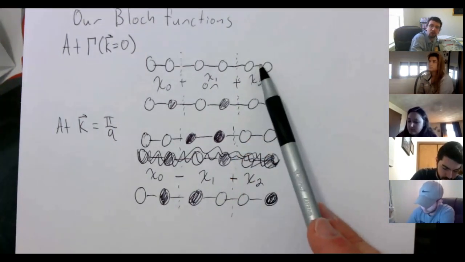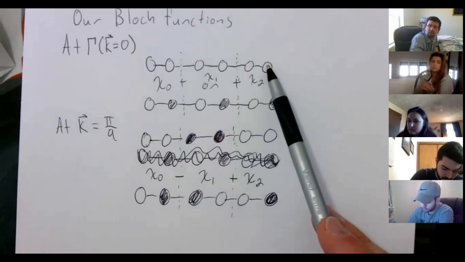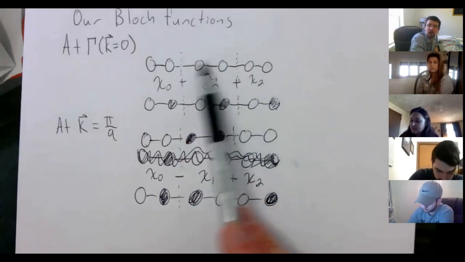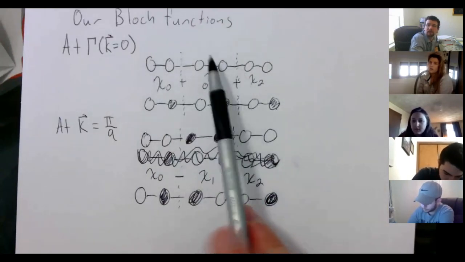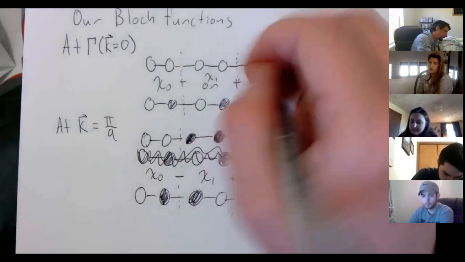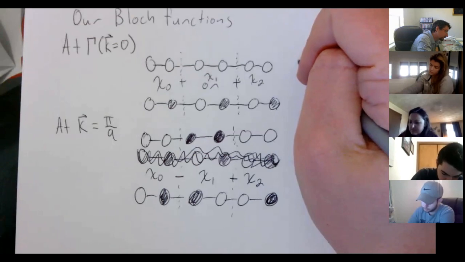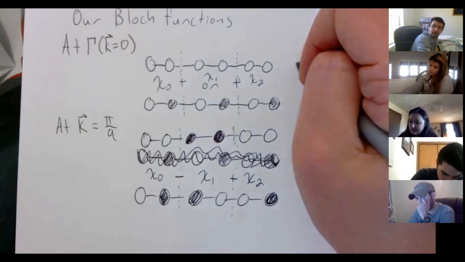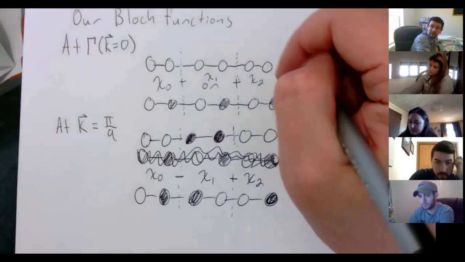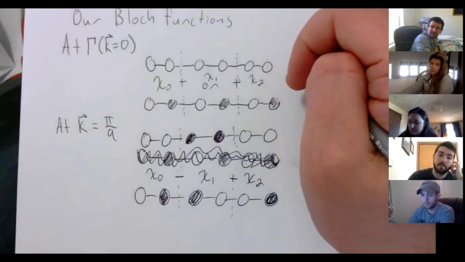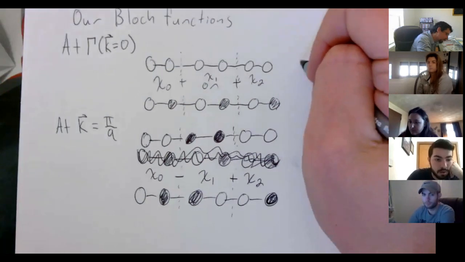Okay, so now let's talk about what type of interactions these are. This very top one. Bonding, yep. And what type of overlap is it? Constructive. Yep, constructive. And overlap in how many regions? Sigma. Yep, sigma.